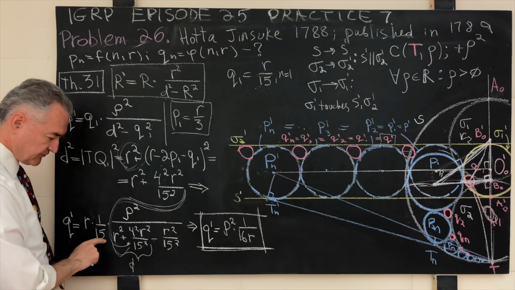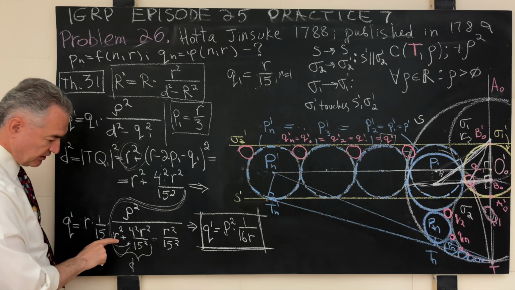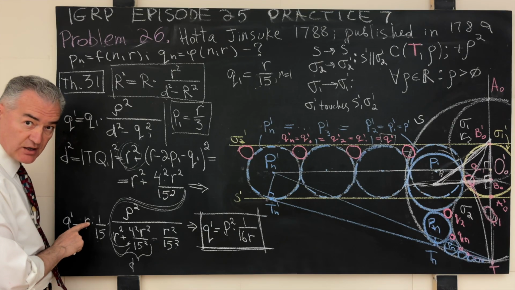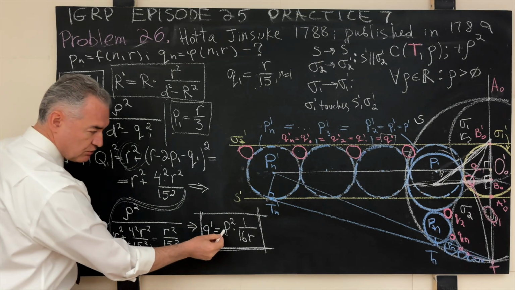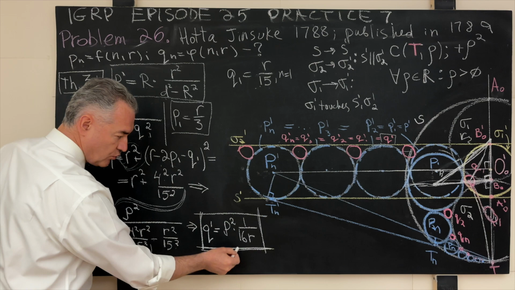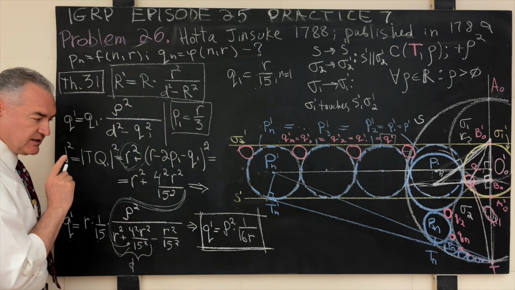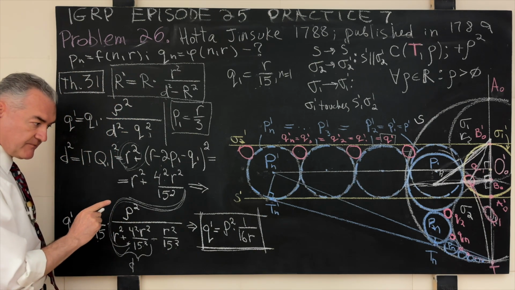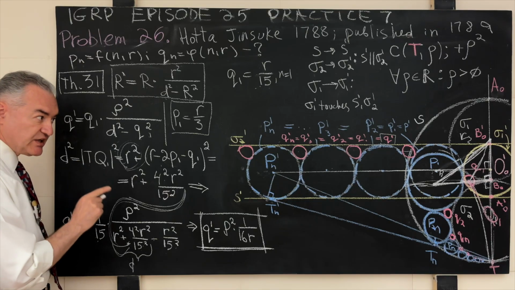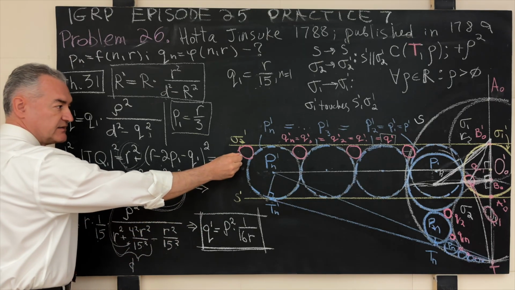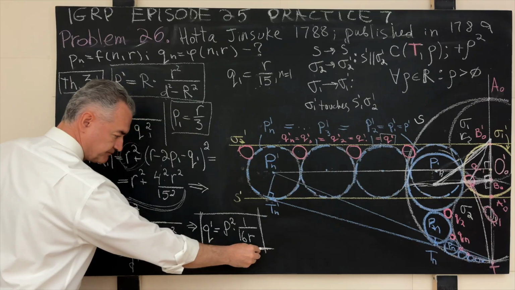That's 1. 1 plus 15, 16. 16 R squared in the denominator, but we have one copy of R over here. Game over. Rho squared times 1 over 16R is the magnitude of the length of the radius of each and every reflected red circle Q prime.